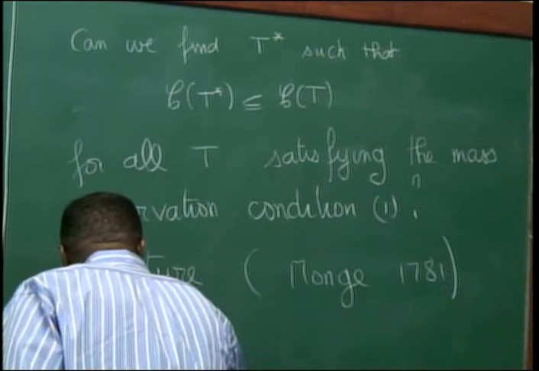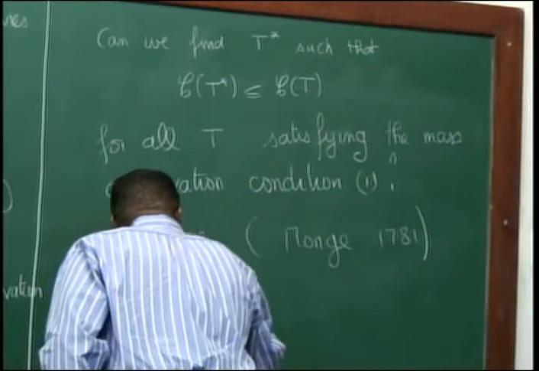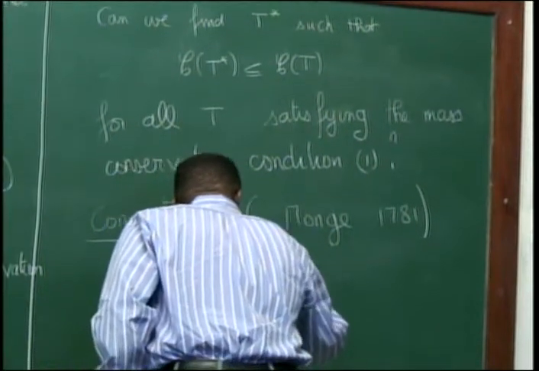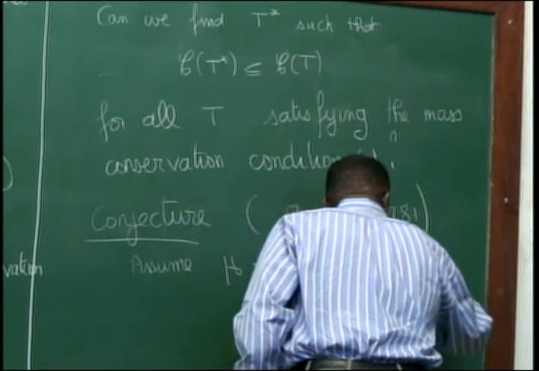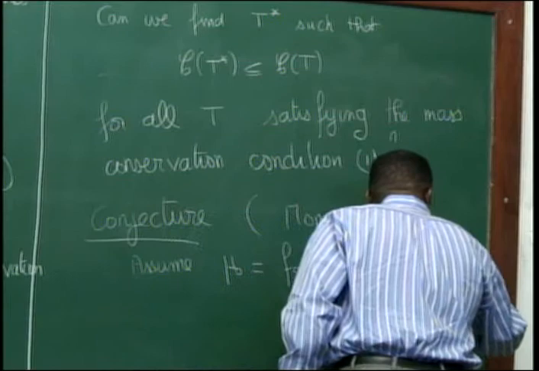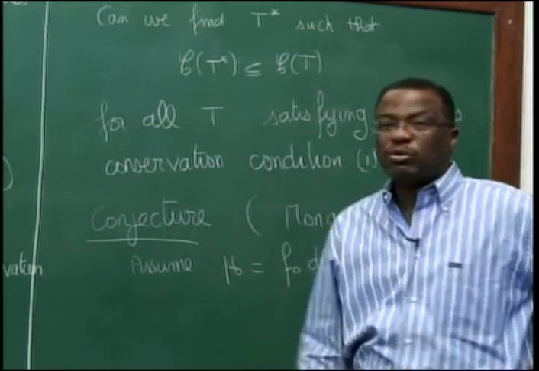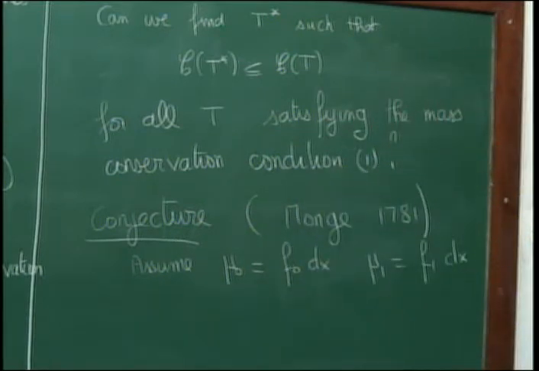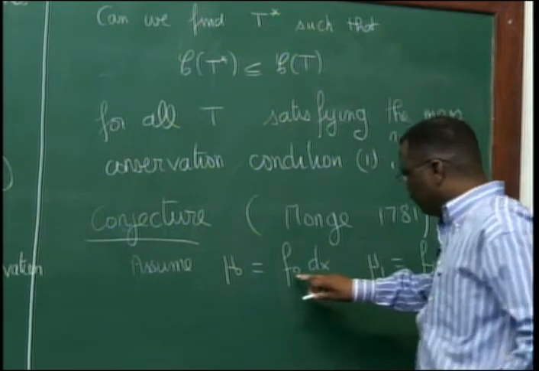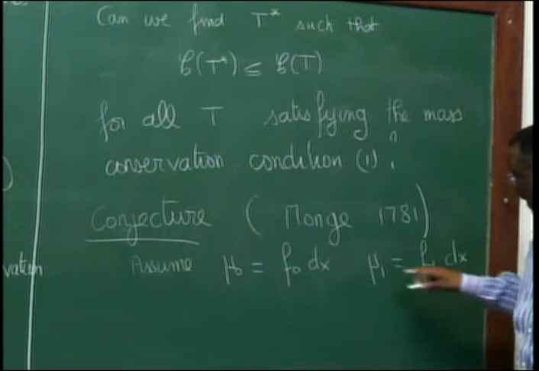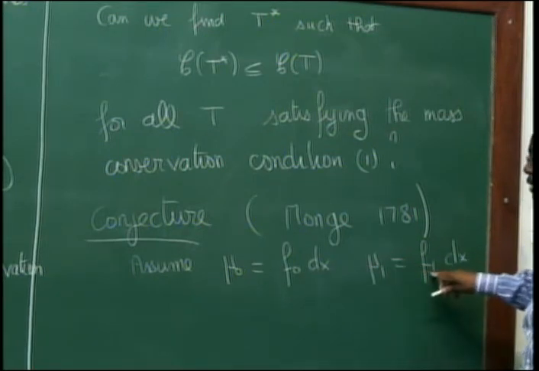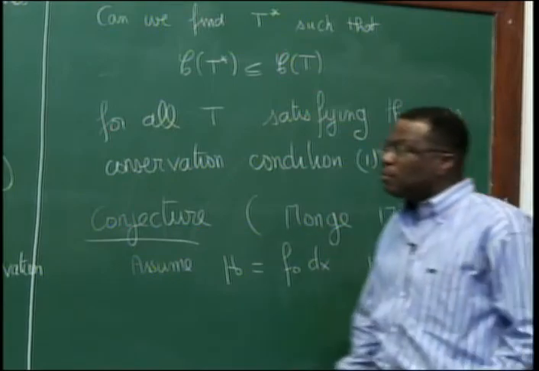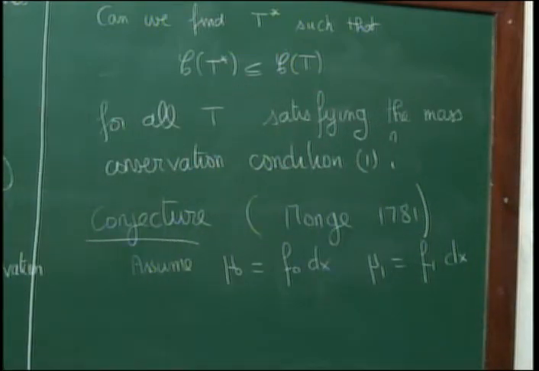Assume mu naught is absolutely continuous with respect to Lebesgue measure, and mu 1 is also absolutely continuous with respect to Lebesgue measure. So I am assuming that f naught is non-negative, f1 is non-negative, the integral of f naught is 1, the integral of f1 is 1, to satisfy the property that I have a probability measure.